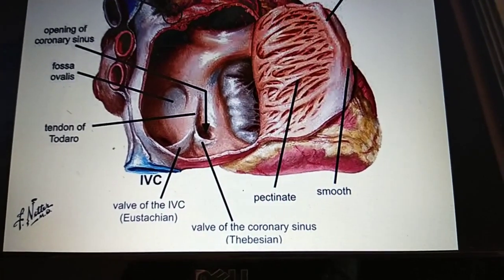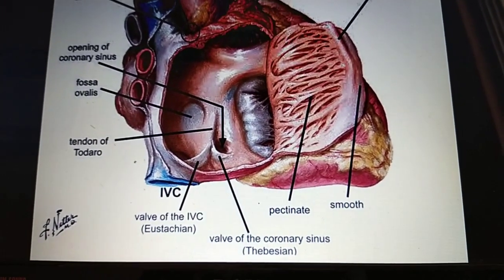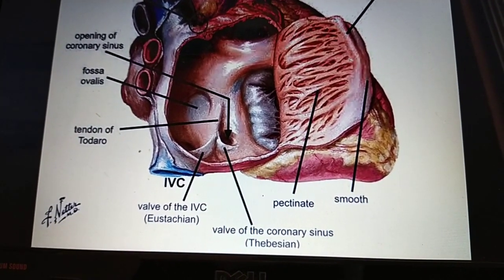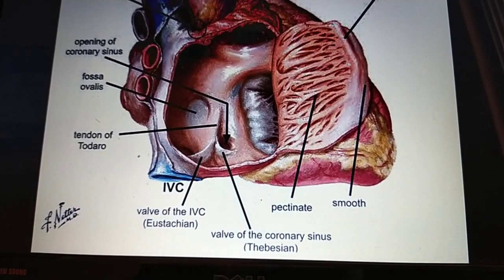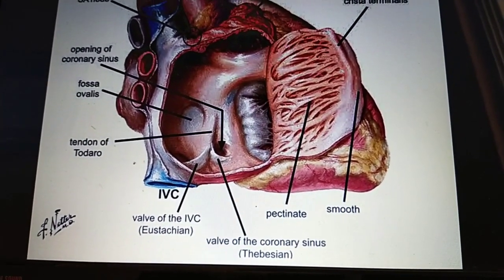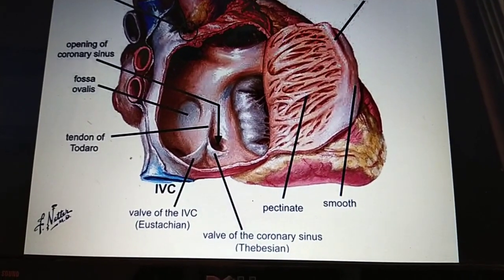It is nothing but the coronary vein of the heart, and it drains the blood of the heart, which is deoxygenated.